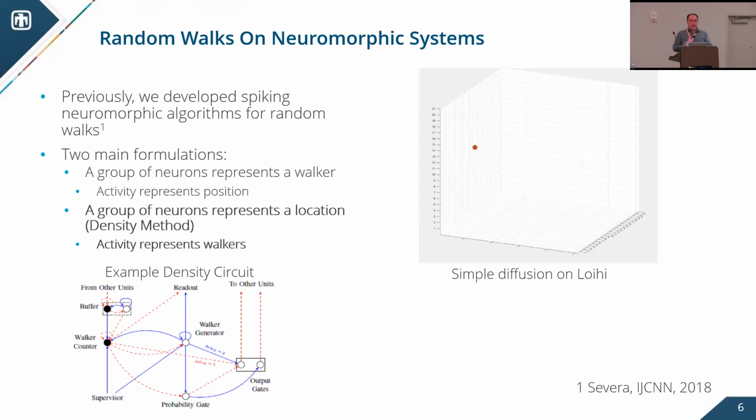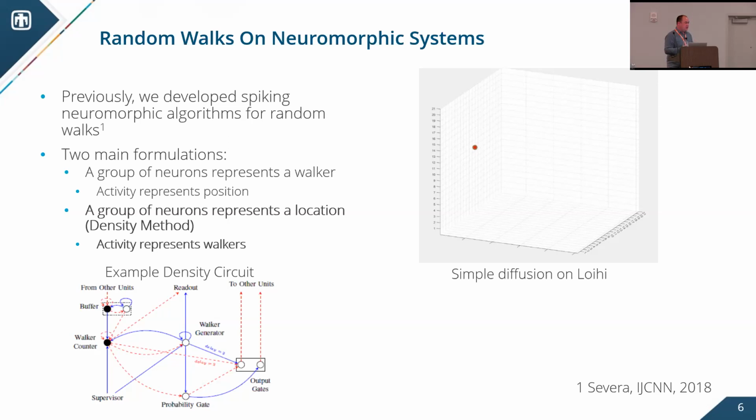A few years ago, we had a really nice result where we had formulated 2 algorithms for simulating random walks on neuromorphic systems, right? And in general, we looked mostly at SpiNNaker, TrueNorth, and Loihi, but really we just need a basic spiking neuron. One of those formulations used a collection of neurons to represent a walker. The other one, we called it a density method.